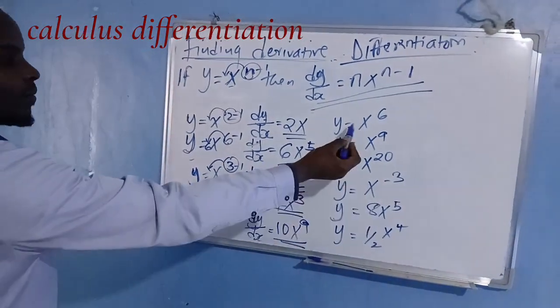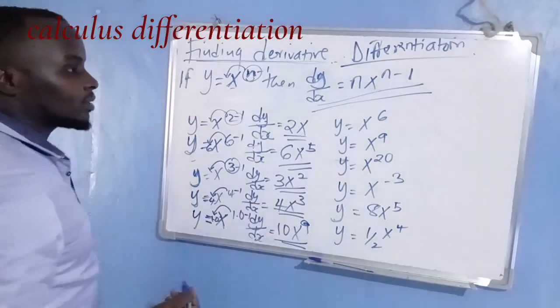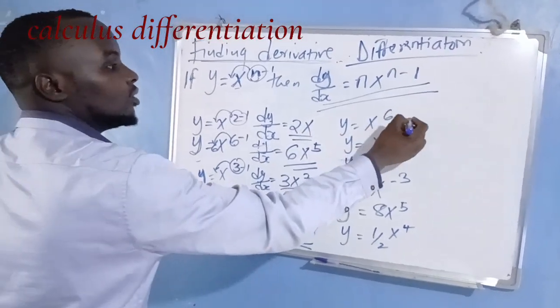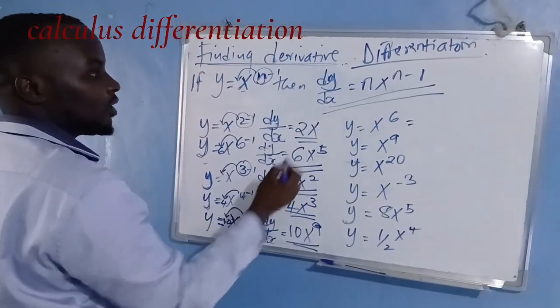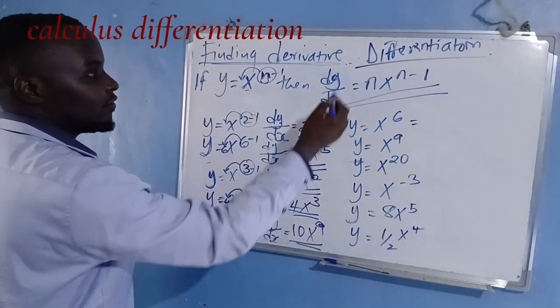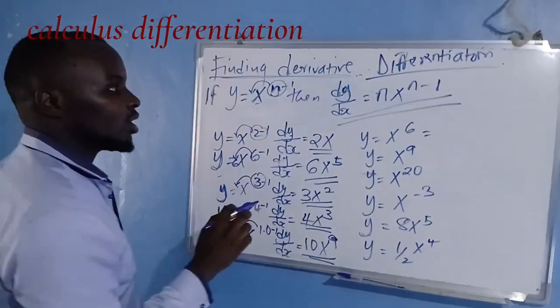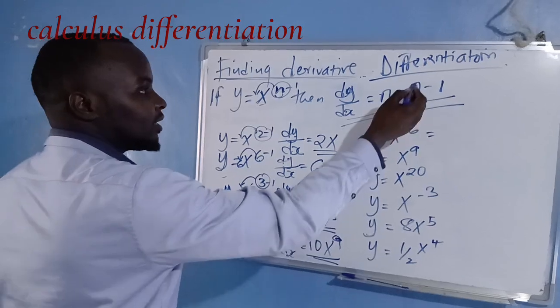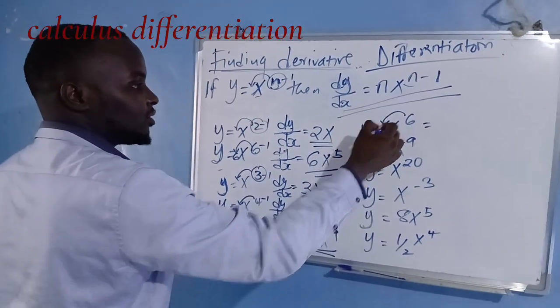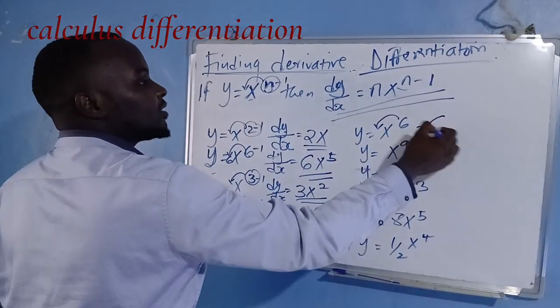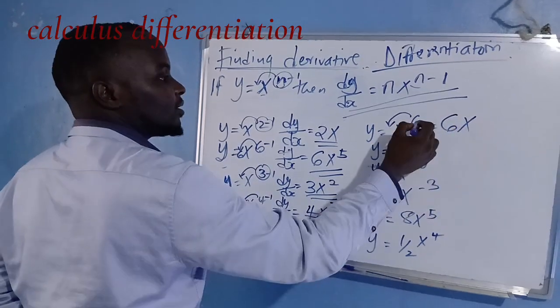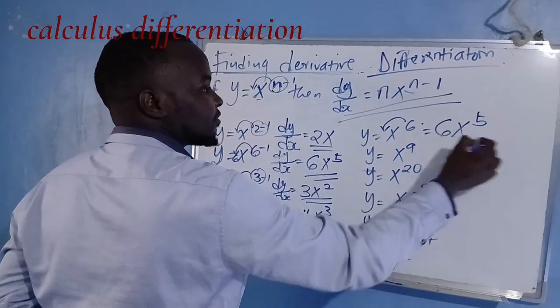Another example here, y is equal to x power 6. As we've been doing from this formula, dy over dx, or the derivative, or the gradient function, is given by, take the value of n to the start. So you have 6x power 6 minus 1 is 5.